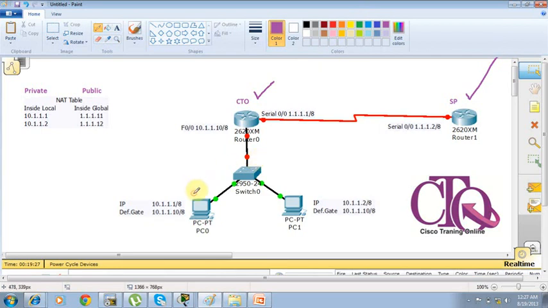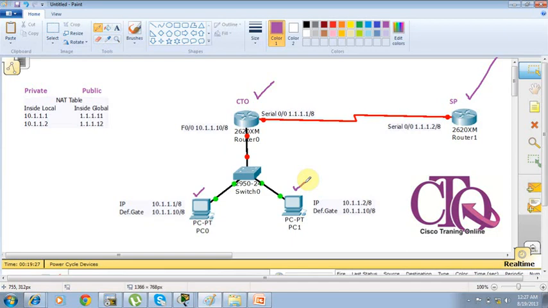There are 2 computers in local area network, PC0 and PC1. PC0 is configured with 10.1.1.1 and PC1 is configured with 10.1.1.2, and definitely both are private IP addresses.